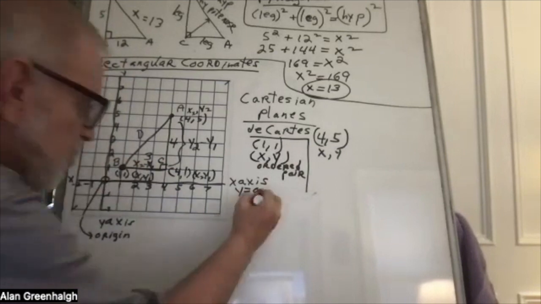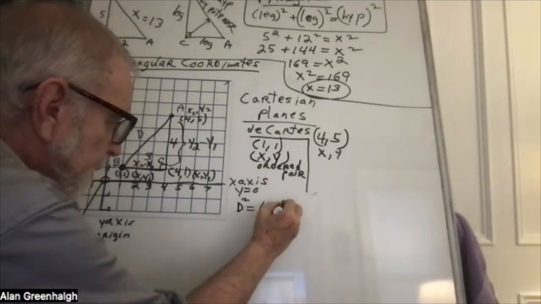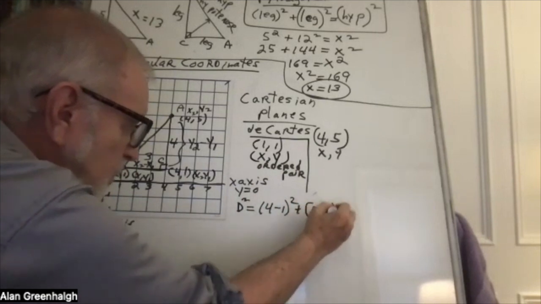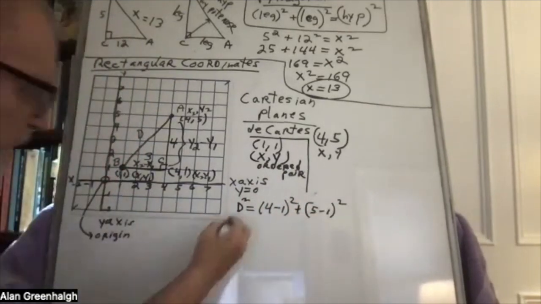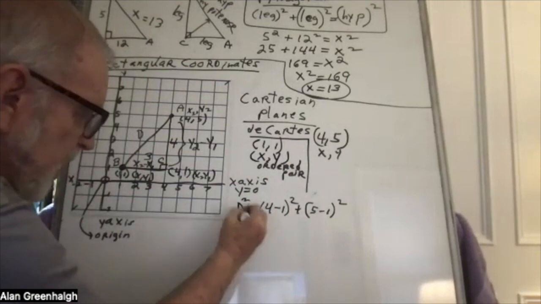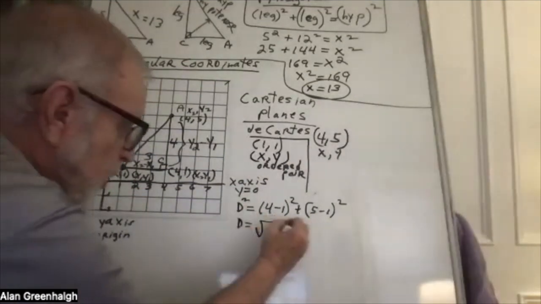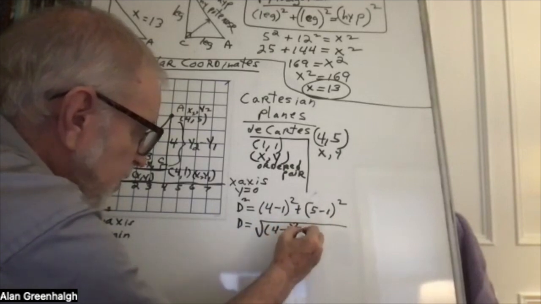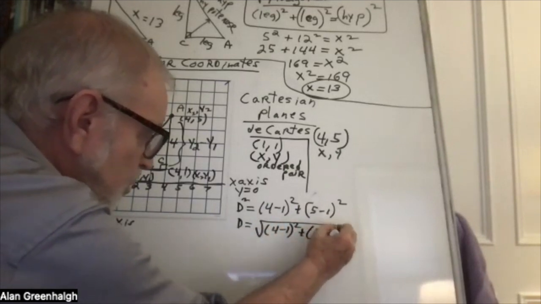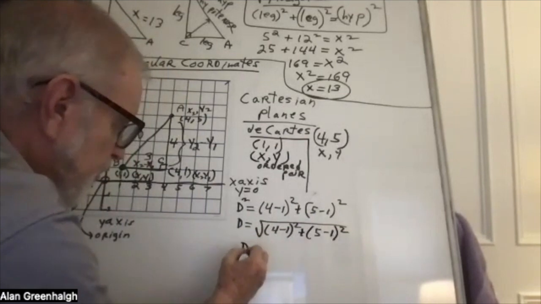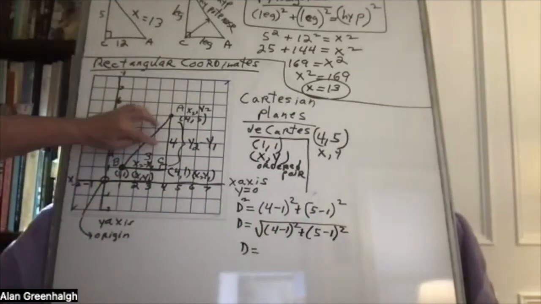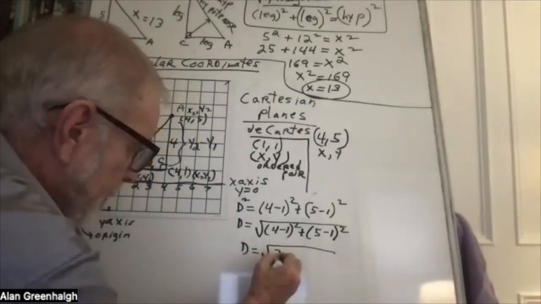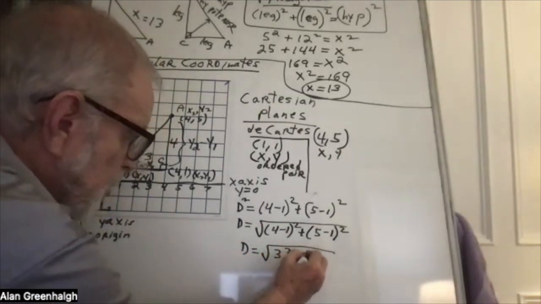So 4 minus 1 plus 5 minus 1, right? And d will be equal to the square root of 4 minus 1 squared plus 5 minus 1 squared. Or, as we determined already, this will be 3 squared plus 4 squared.